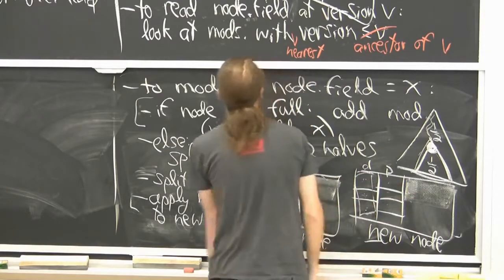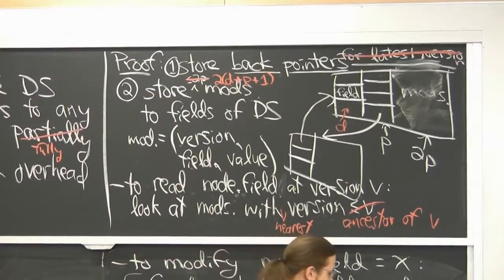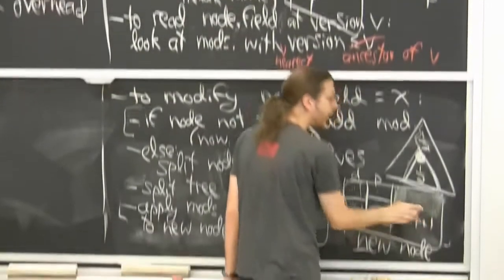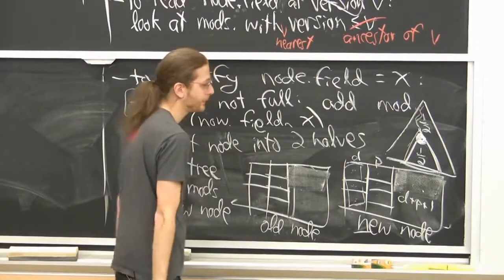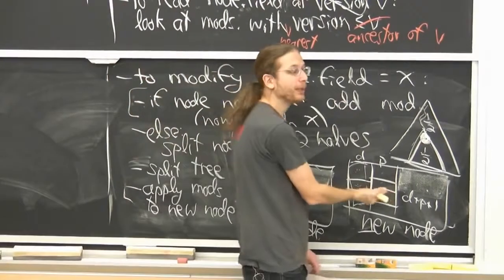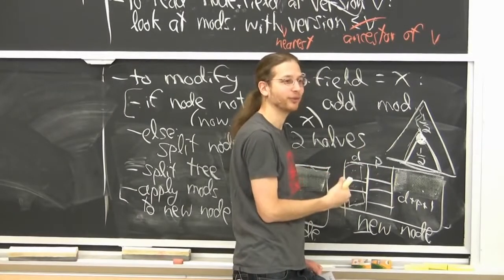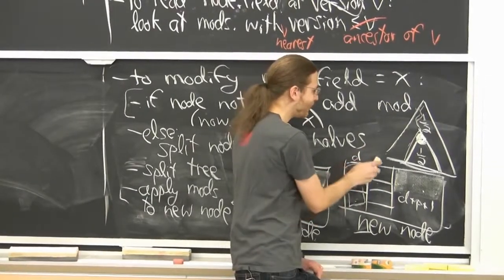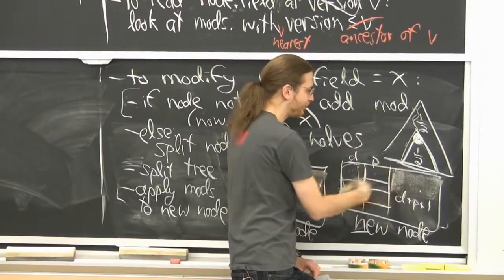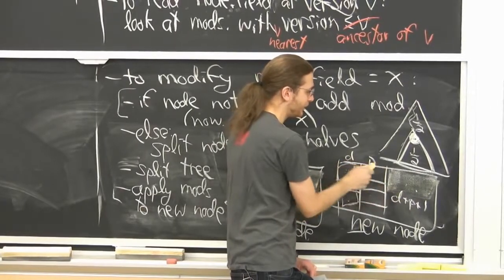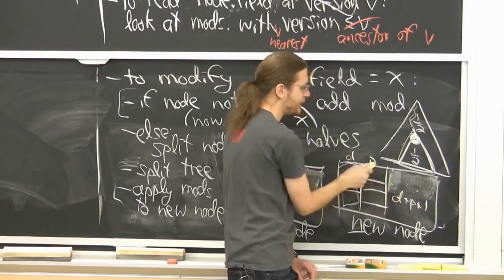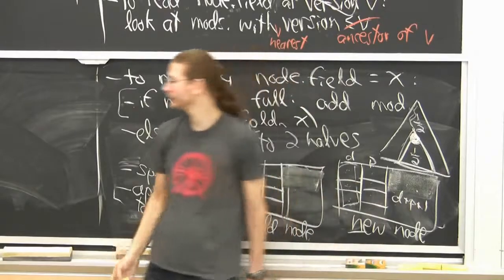How many? Well, if we assume this magical 50-50 split, there's right now D plus P plus 1 mods over here, half of them. Each of them might be a pointer to some other place which has a return pointer in that version. So the number of back pointers that we need to update is going to be D plus 2 times P plus 1.